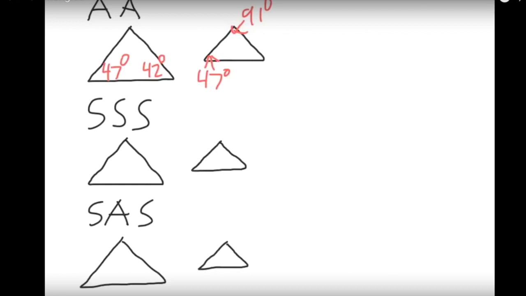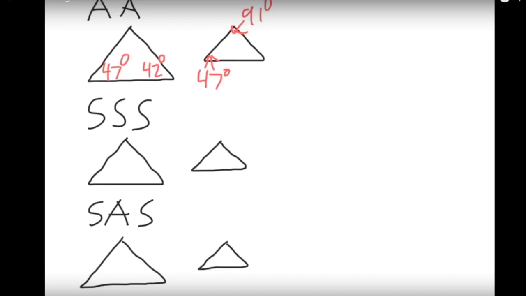So that means we've got one angle congruent to another angle, 47 and 47. Now we need to know that a second angle is congruent. This one's 42, this one's 91. So we need to find one of the third angles, either this one or this one. It doesn't matter which one you find. Find one or the other.